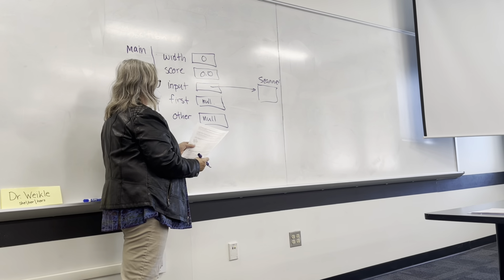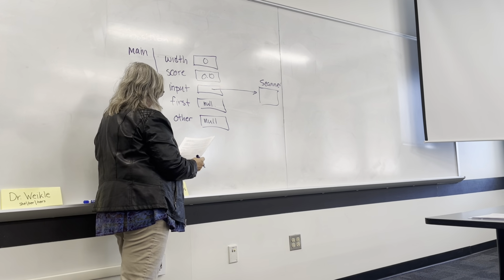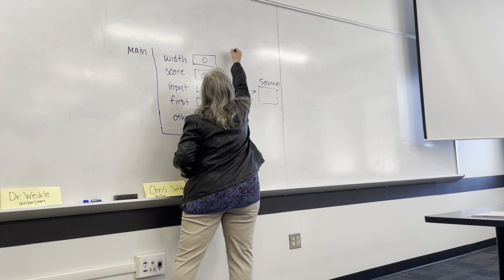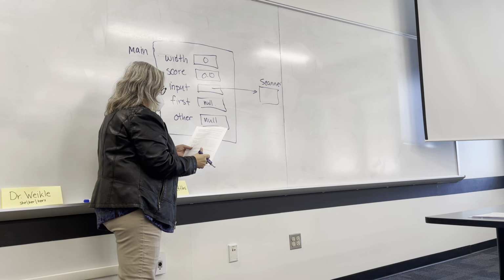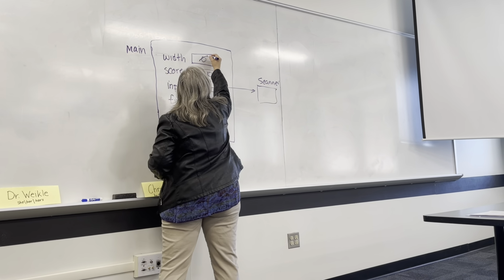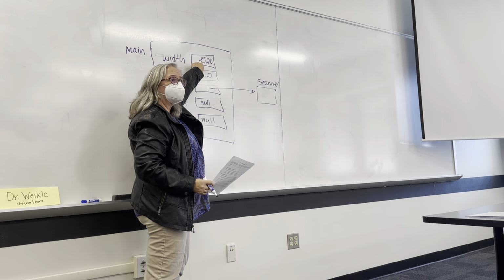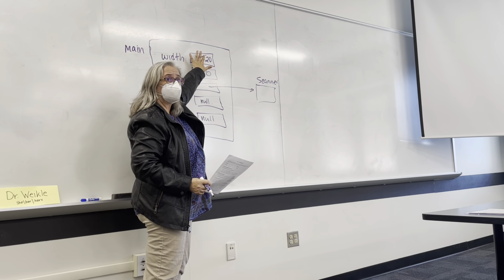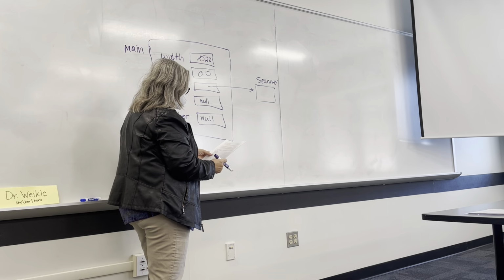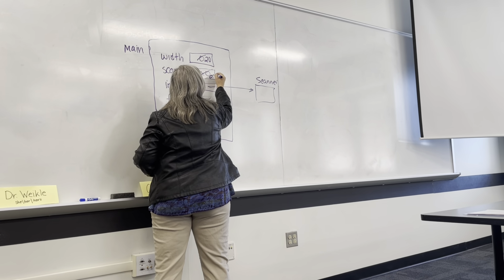Now we get to the interesting part. Now I know how many variables I have, so I can close off my box. Now I say width equals 20. I can cross that out. When I cross it out, it means that it's completely erased, and I have 20 on top of there, so there aren't two values in there. Now double score is a double, so it's going to end up being 0.94.